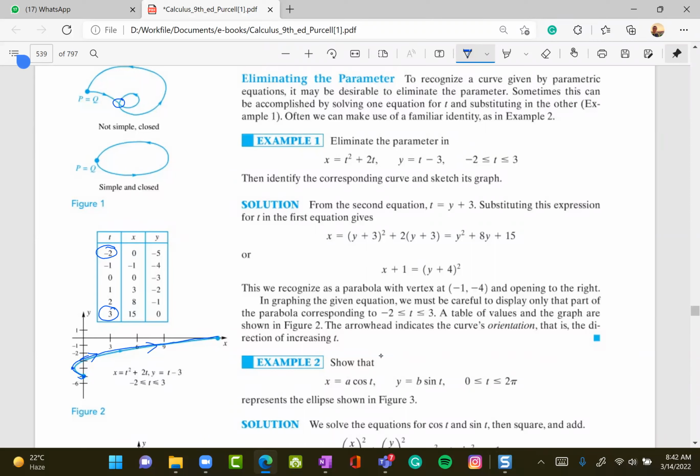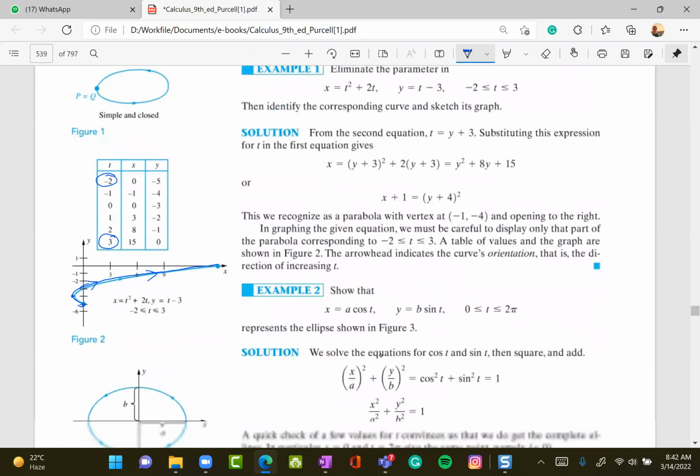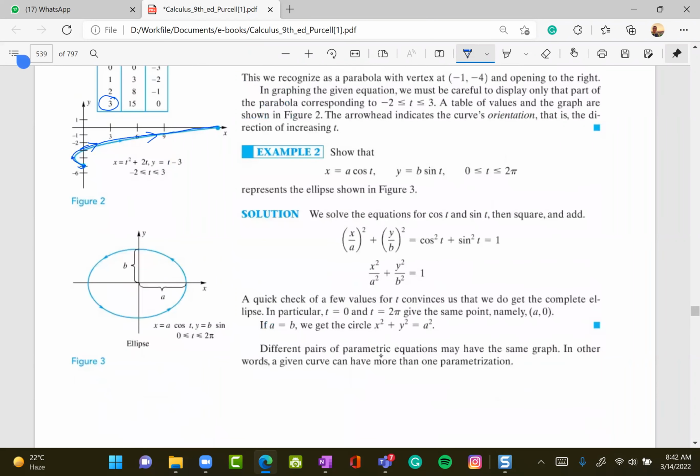Another thing, number 2: x is a cos t, y is b sine t, t is between 0 and 2 pi. All right, so if we divide this by a, you have cosine t. You divide by b, you have sine t. And again, cosine squared plus sine squared is 1. So you have this one.